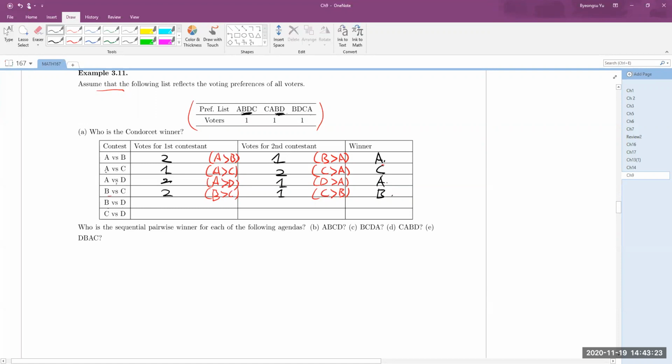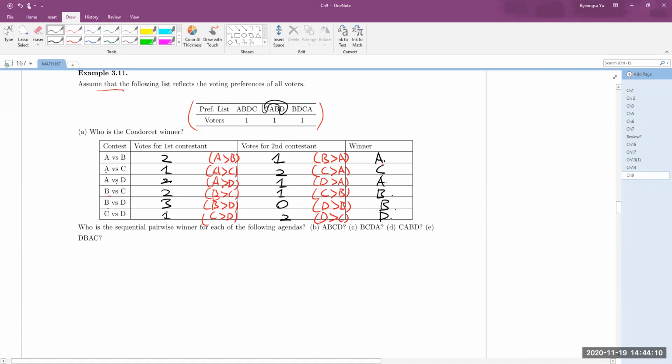And also in the second one and third one, all of the voters think that B is better than D, so there are three persons who think that B is better than D, and no person who thinks that D is better than B. So here the winner is B. And in the last one, only in the second preference list do they think that C is better than D, but all the others think that D is better than C. So only one person thinks that C is better than D, but two persons think that D is better than C. So here the winner is D.